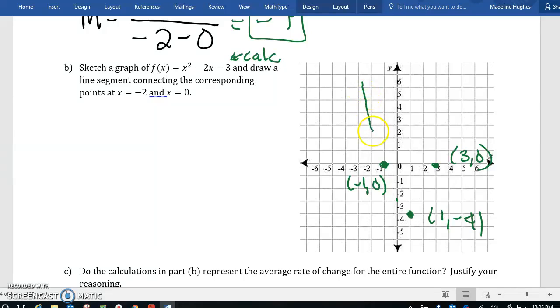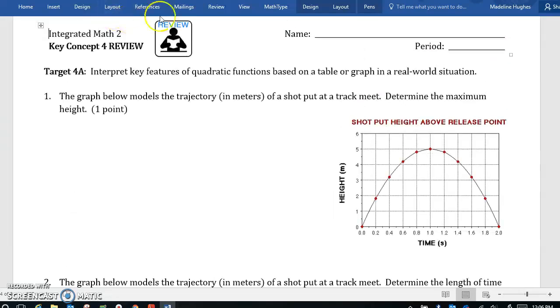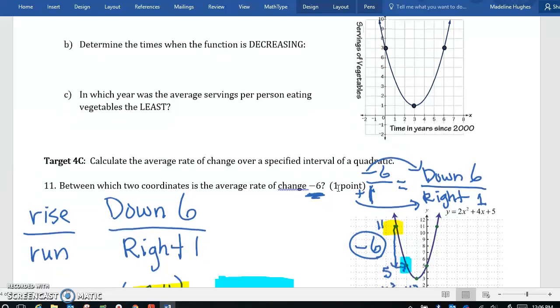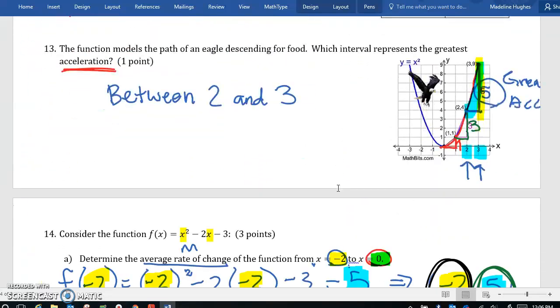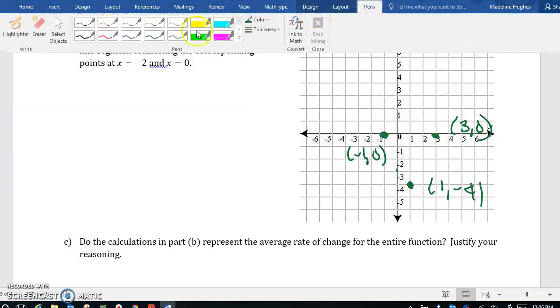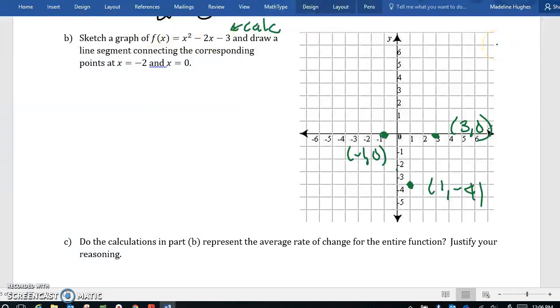Okay, so if I draw a graph here, I'm going to draw a graph that goes through these points, best that I can.